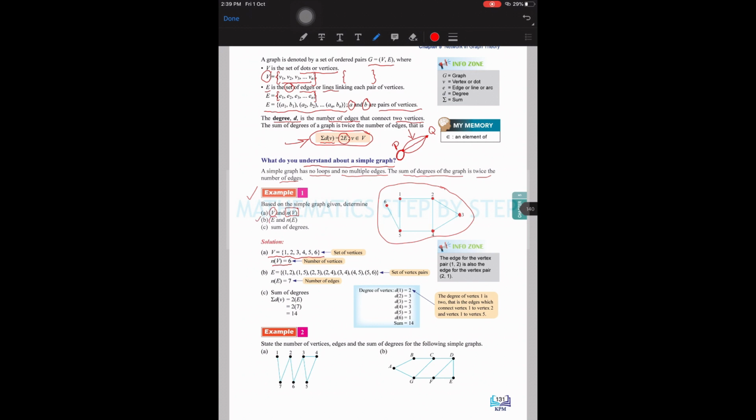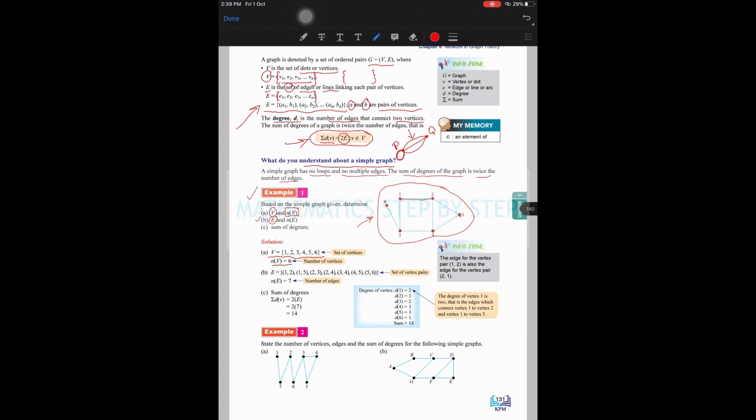So now, E is the set of edges, okay? In this diagram, the edges are not named, okay? Sometimes we can see the edges are named, for example, E1, E2, okay? But in this case, there is no name for the edges. So we will use this method to name the set of edges, okay? Let's see this line.